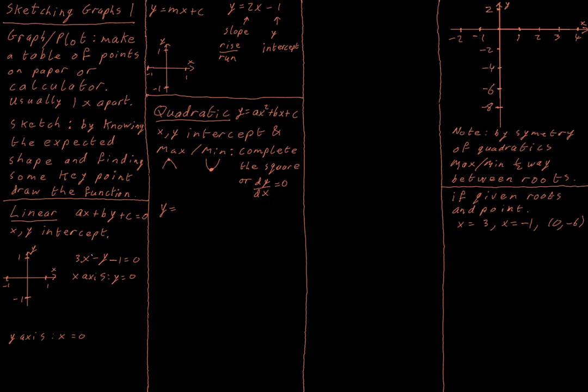So if we start with this line here, 3x minus y minus 1, we would look for where it crosses the x-axis, and we know when something is crossing the x-axis, its y value must be 0. That's universally true. So let's just set y equal to 0.